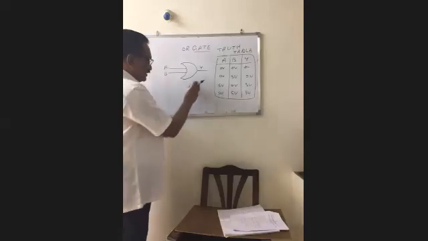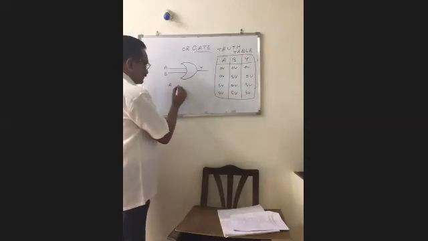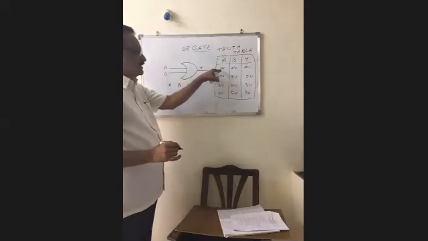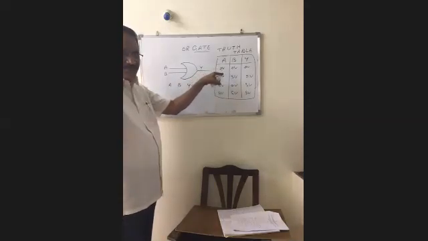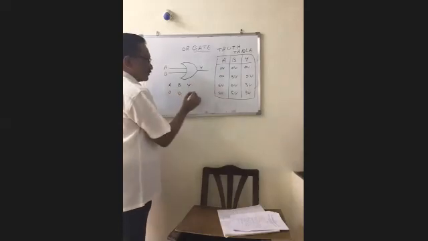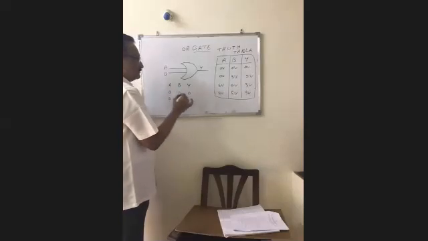For example, the same table can be rewritten as A, B, Y. Low voltage, 0 volts, is represented by 0. High voltage is represented by logic 1.